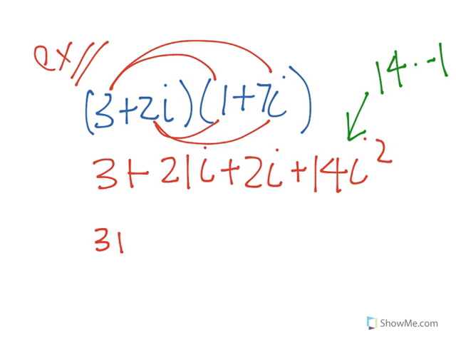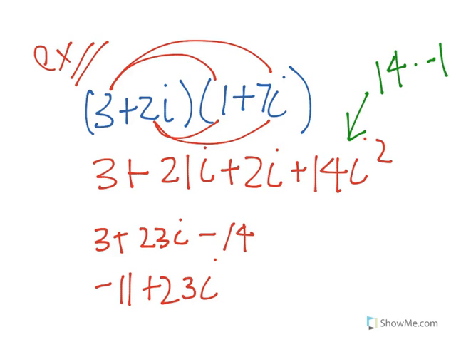So now we've got 3 plus 23i minus 14. It changed signs because of the i squared. So then we've got a total of -11 plus 23i. There are our new complex numbers.